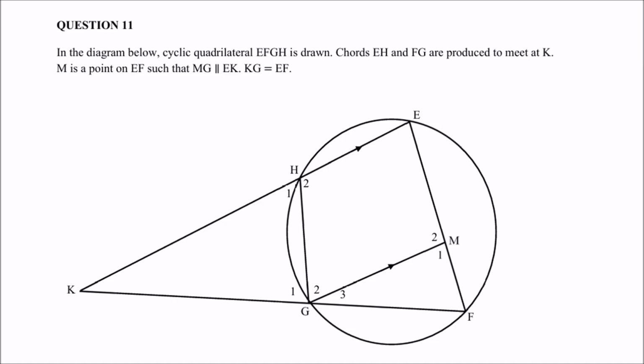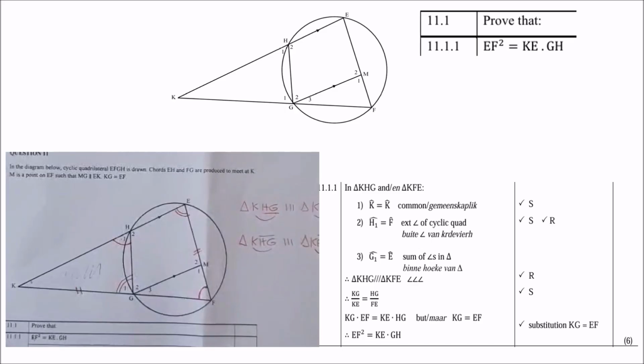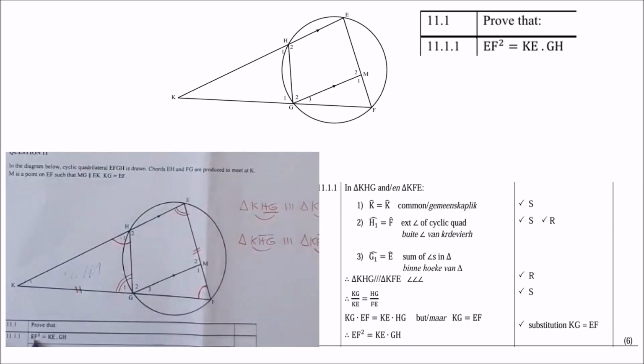Question 11.1.1. In this question, we need to prove that EF squared is equal to KE times GH. Now how do we know which triangles to choose to be able to prove that? This is based on similarity, so I need to choose triangles where these sides appear.